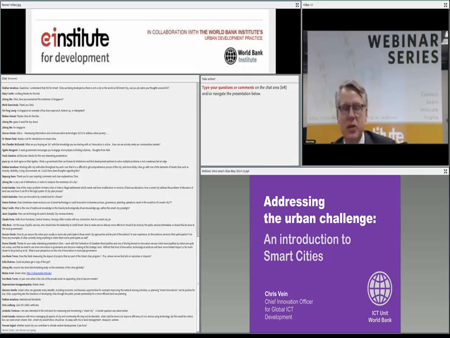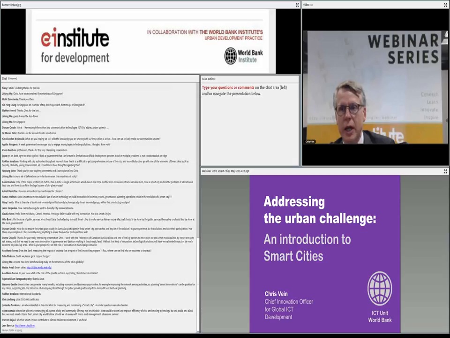It's called City SDK, and I would recommend that all of you go to the internet and search for City SDK. It's the most exciting thing I've seen to an organized, integrated approach to this idea of standards.